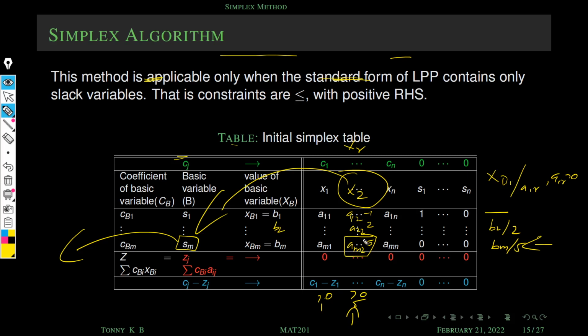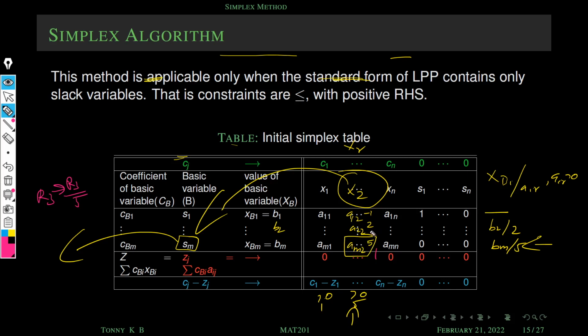That means using elementary row operations, first of all we have to make this pivot element 1. Suppose we have only 3 rows. So the first procedure is we have to convert R3 to R3 by 5, because we assume that this entry is 5. So now this element is 1.